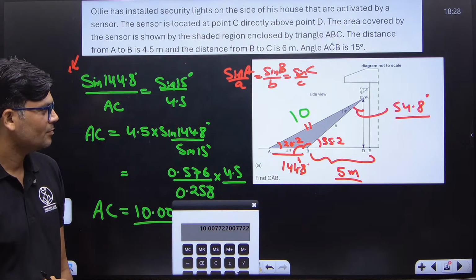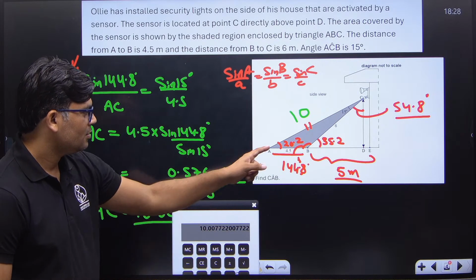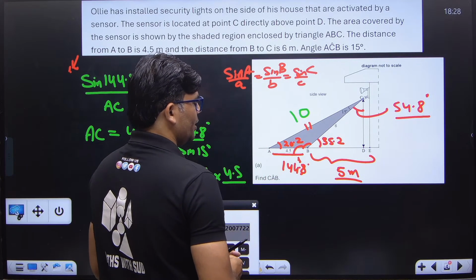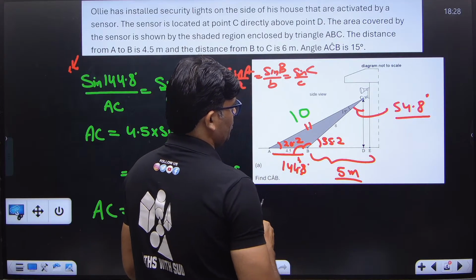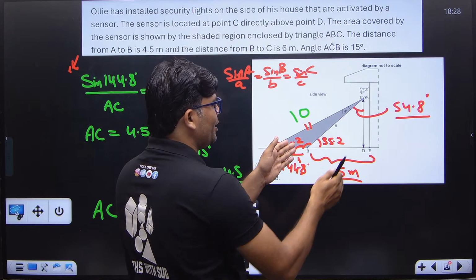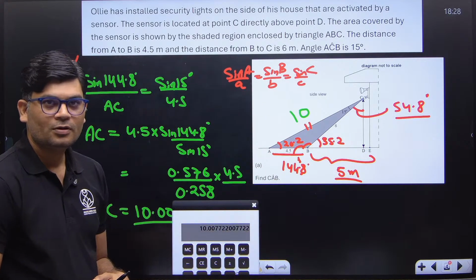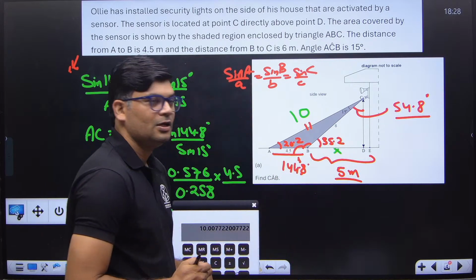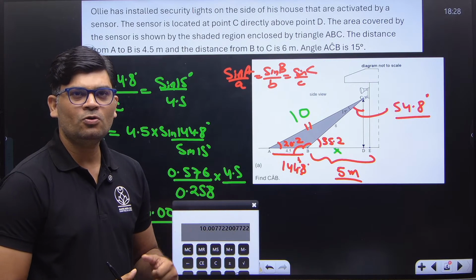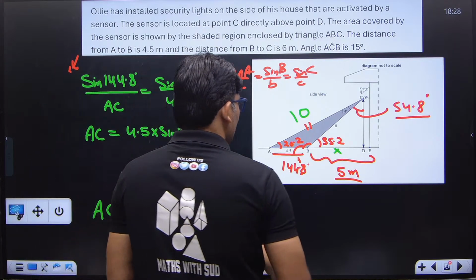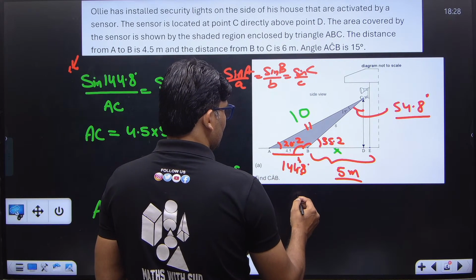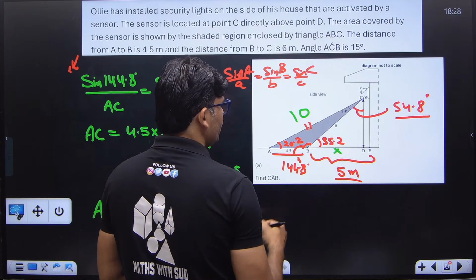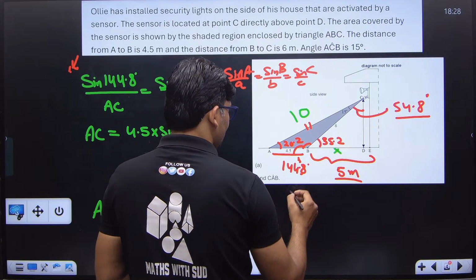Alright. Now this is 10. This I don't know. BD also I don't know. CD we need to know. So now can we find BD now? Let us suppose that BD is equal to X. So we can write, this particular 10 is in the front of which angle? 90 degree.